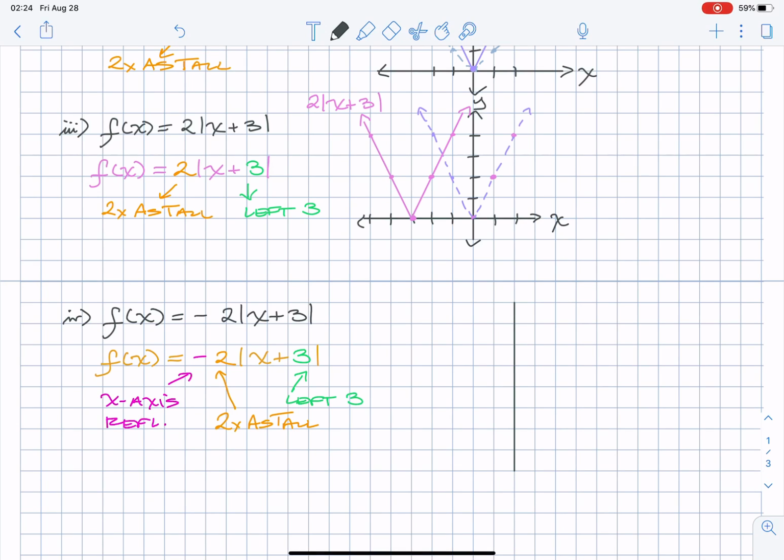So let's see, what do we have? X and y. So 1, 2, 3, 4. 1, 2, 3, 4. And 1, 2, 3, 4, 5.